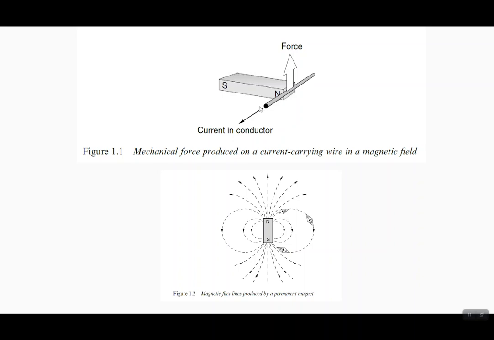If the current is flowing in this direction and the magnet is placed like this, the force will be generated in the upward direction. Also, you can envision this as a right-hand rule.